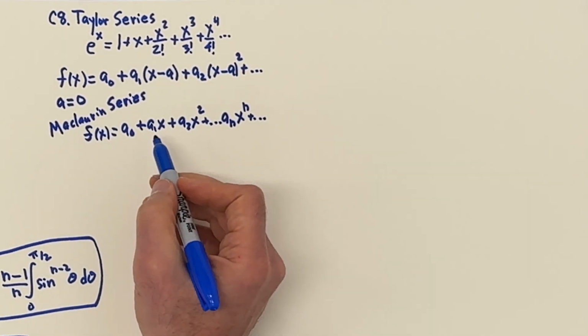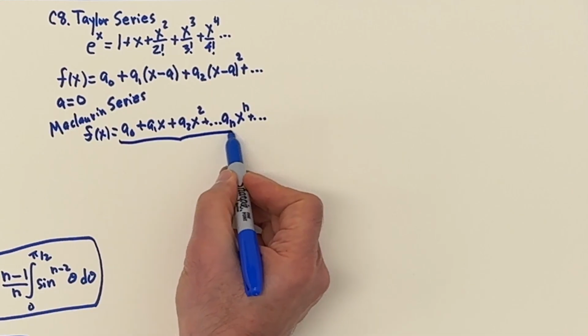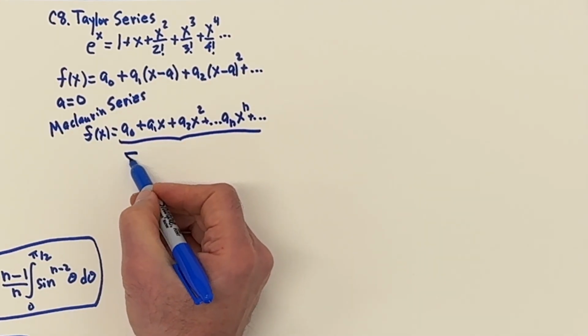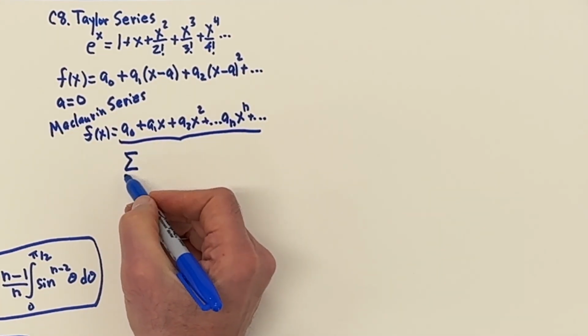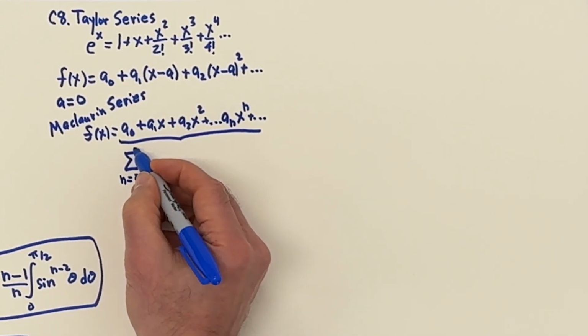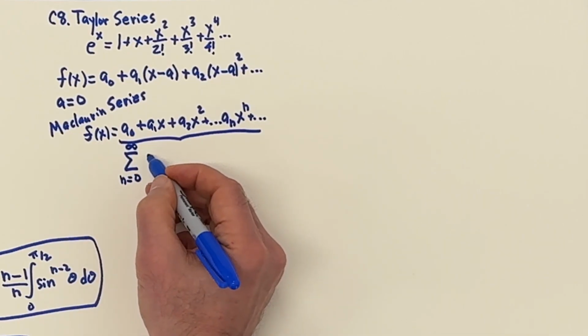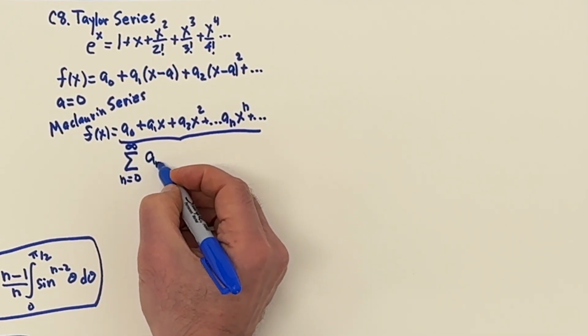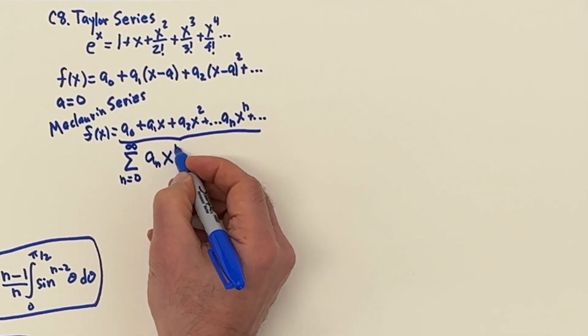Now we would like to write this in shorthand notation by saying we're going to sum. This is the summation symbol, where n goes from 0 to infinity, a sub n x to the nth power.